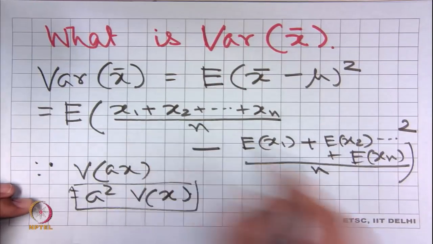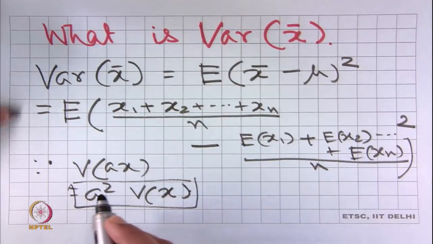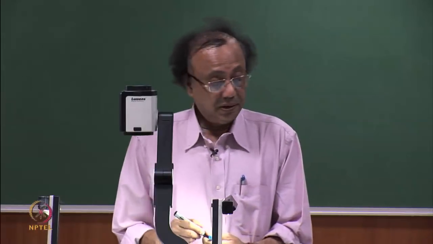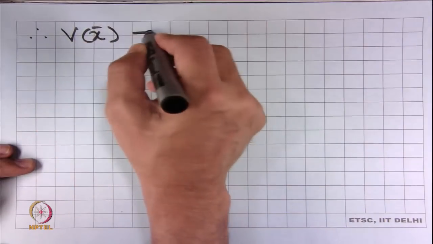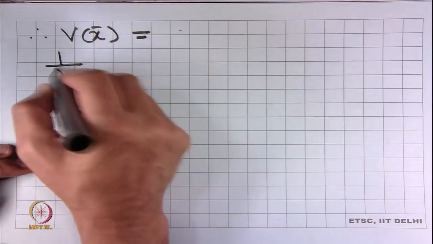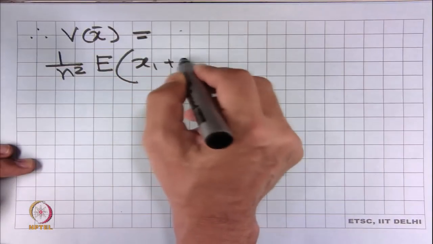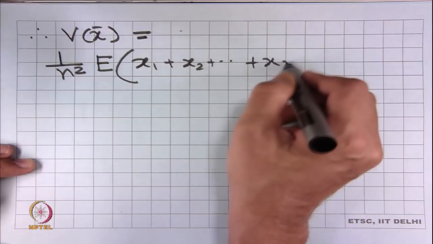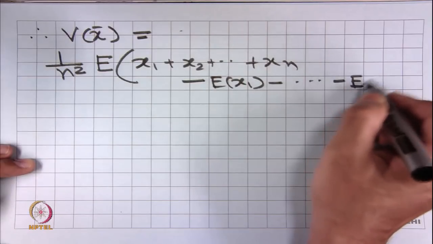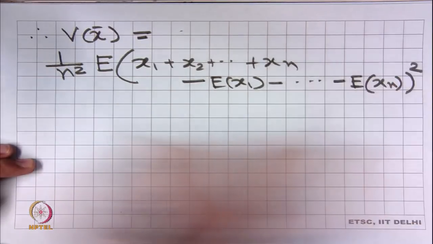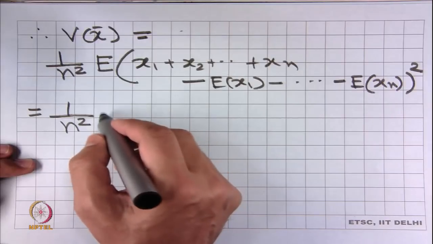Therefore, we can take 1 by n as the constant multiplier and take it out, and therefore variance of x bar becomes one upon n square into the expected value of x 1 plus x 2 plus up to x n, minus expected value of x 1, and so on, whole square.